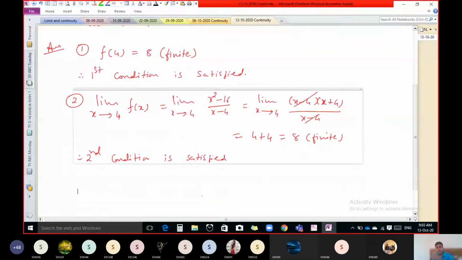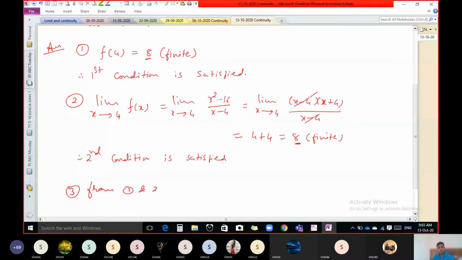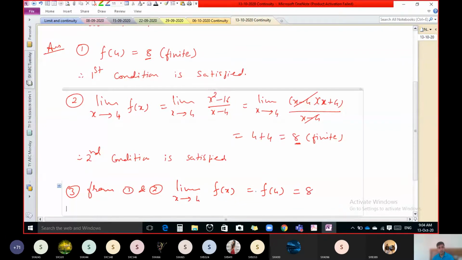Now in third condition, we have to see the value of first condition and second condition. Here value is 8 and here also 8. So from 1 and 2, limit x tends to 4 f of x is the same as f of 4, and it is nothing but 8. So third condition is also satisfied.